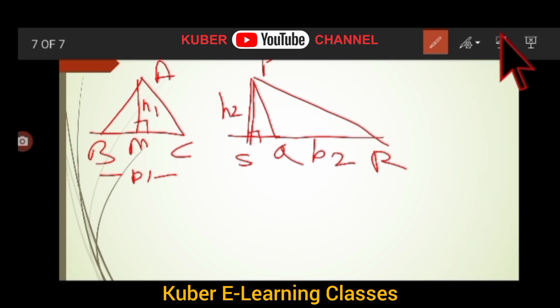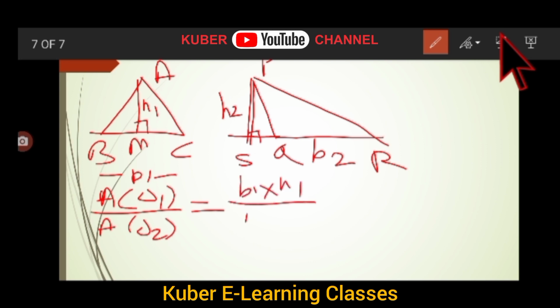Then see, if heights and bases are different, suppose this is triangle ABC first, the ratio of areas of any two triangles with different height and different base will be B1 into H1 and B2 into H2.